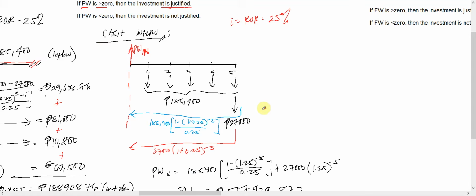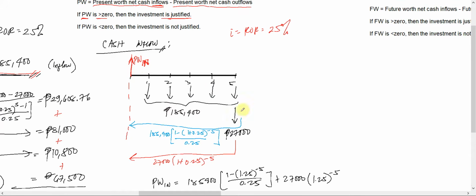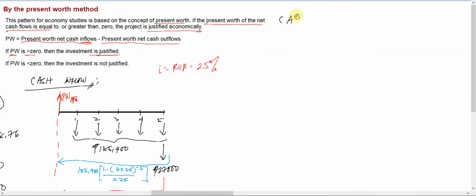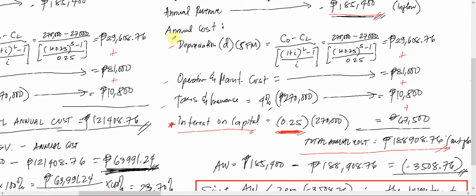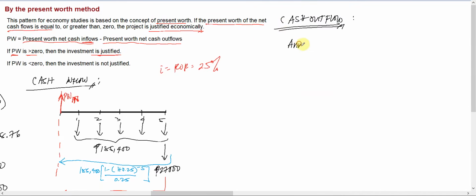Okay? Ayan. So, gagawa din tayo ng additional cash flow for cash outflow. So, for cash outflow, lagay ko na lang dito, no? Cash outflow naman, or yung cost, no? Yung annual cost. So, sa cash outflow natin, ang lumalabas na pera natin is yung annual cost. Di ba? So, ang annual cost natin dito is actually excluding depreciation.